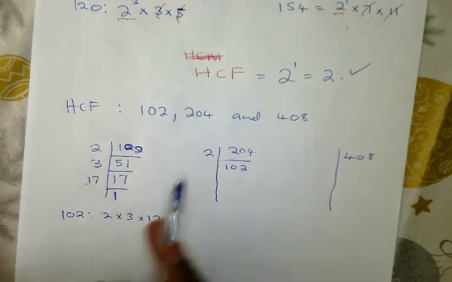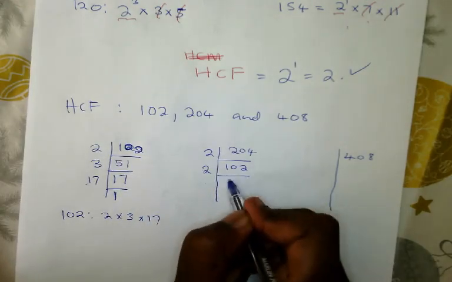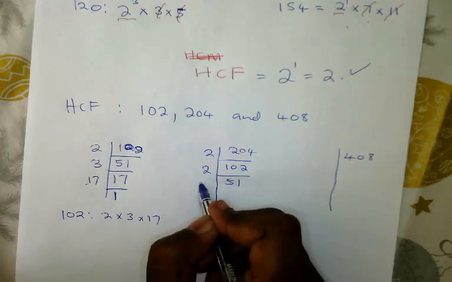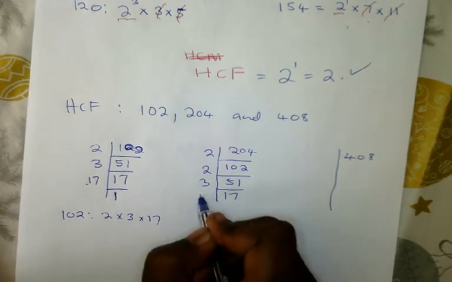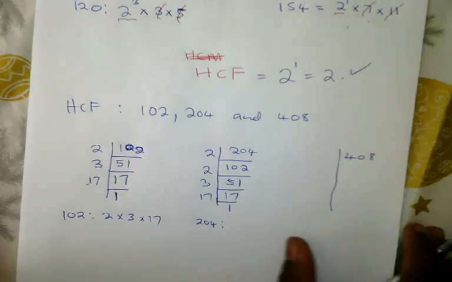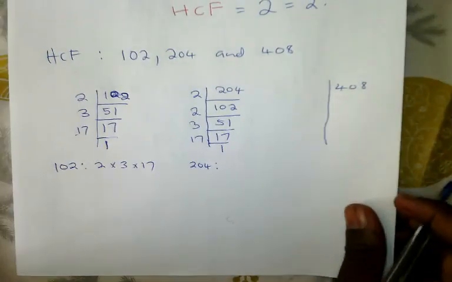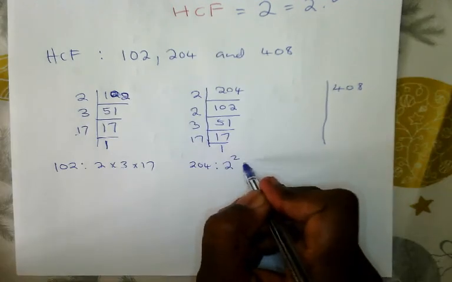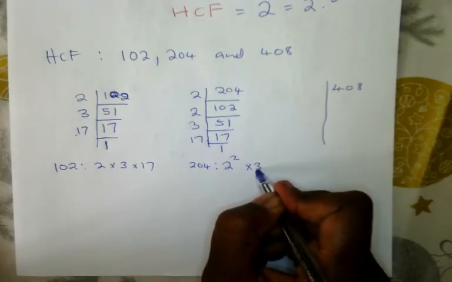So it's going to be 2, 51, 3, 17, 17, 1. So for 204, that's actually going to be 2 squared multiplied by 3 multiplied by 17.